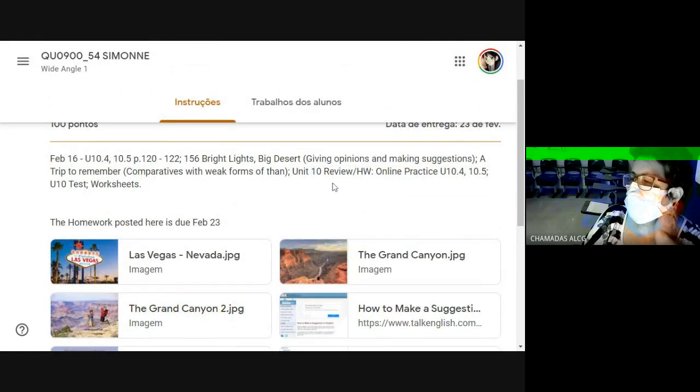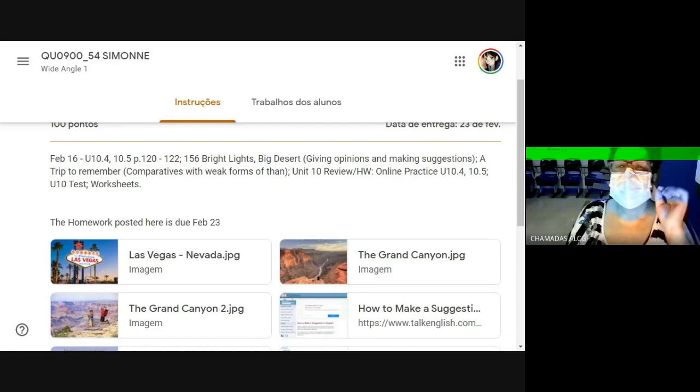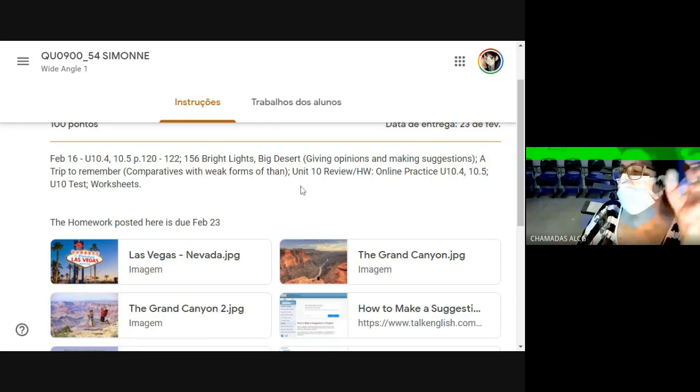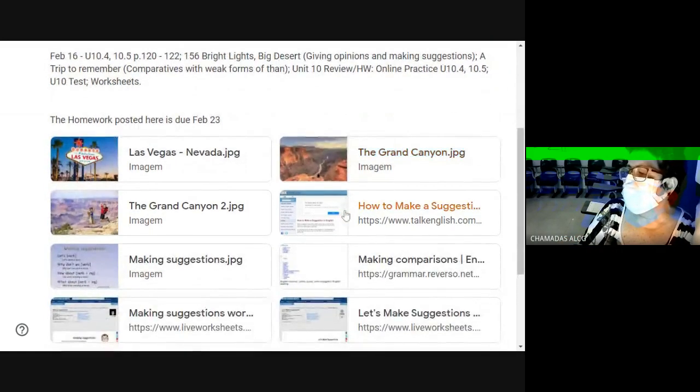We also saw ideas on how to compare in English and noticing the weak forms of the word than, that we emphasize the things we compare in a sentence. So whenever we compare 2 things, we emphasize those 2 things, right?